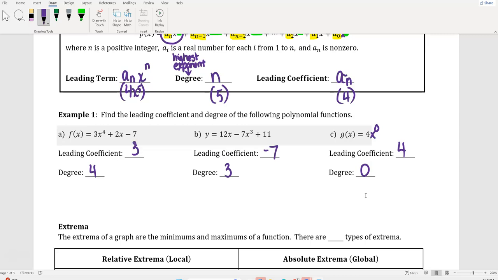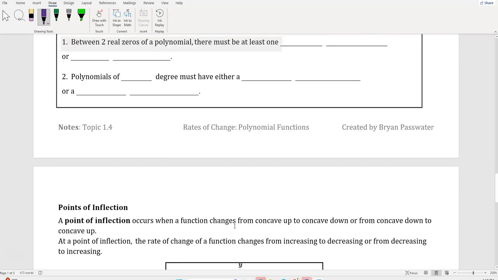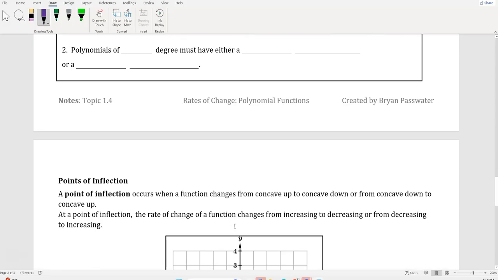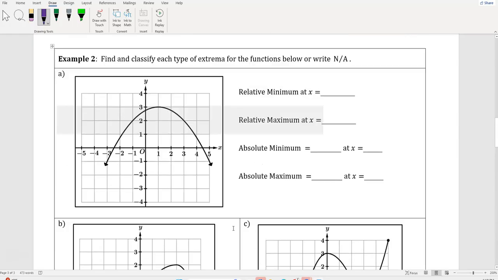So if I have an even degree, in fact, let's skip there. This is in the notes, so let's get down here. Actually, no, maybe it's not. No, okay, I'm thinking of something else.